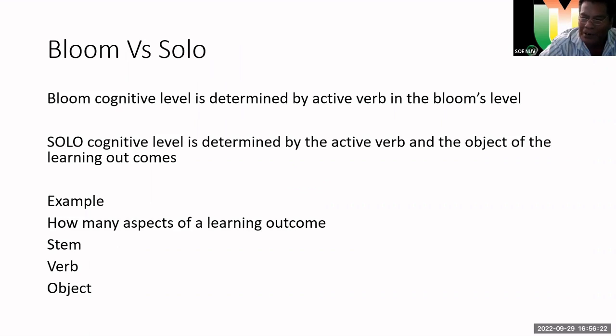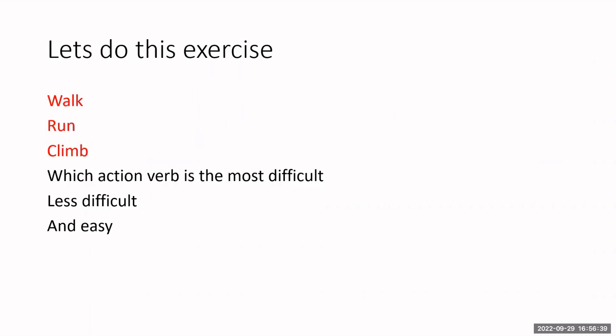The SOLO cognitive level is determined by the active verb and the object of the learning outcome, not by the verb itself as stated in Bloom's taxonomy. So the right answer for walk, run, and climb is that we do not know which one is typical unless we have an object.